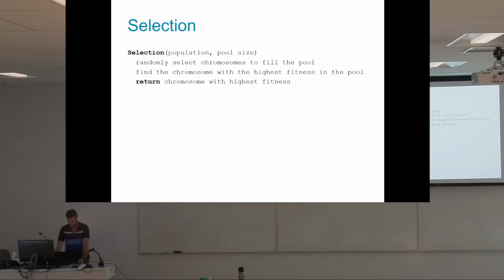So selection: population, pool size, randomly select chromosomes to fill the pool, and find the chromosome with the highest fitness, or smallest, whether you're minimizing or maximizing the number of ones, minimizing Euclidean distance, whatever. Mutation: simple bit flip. This will work here.